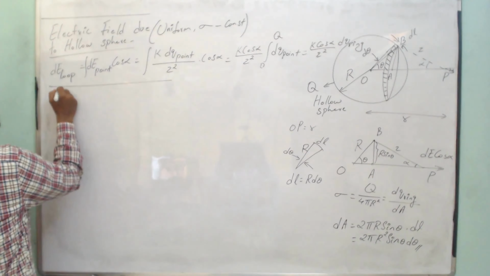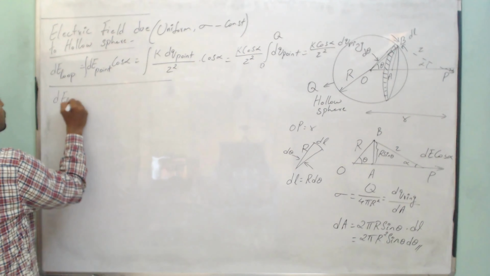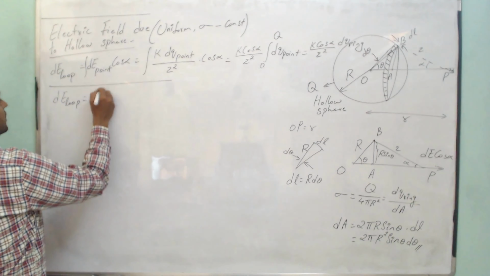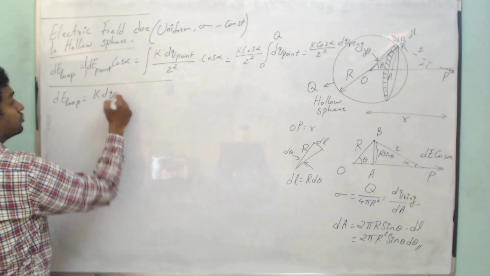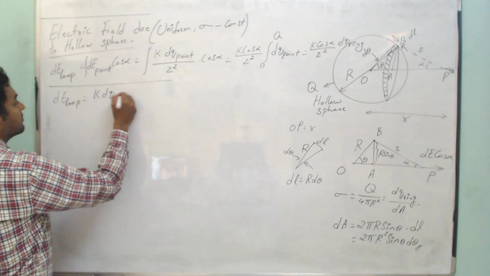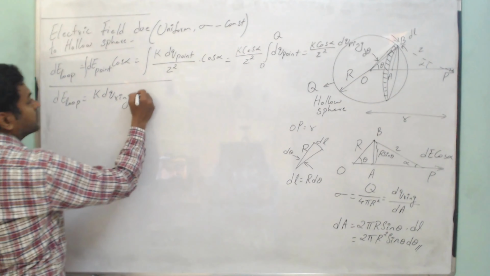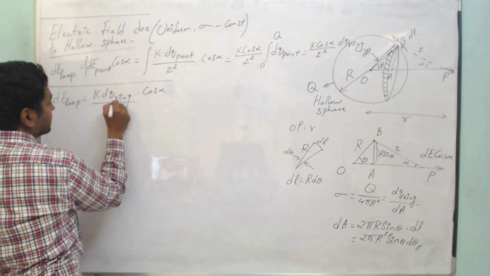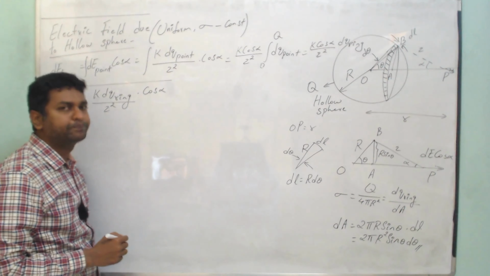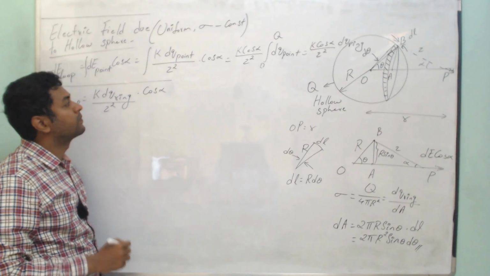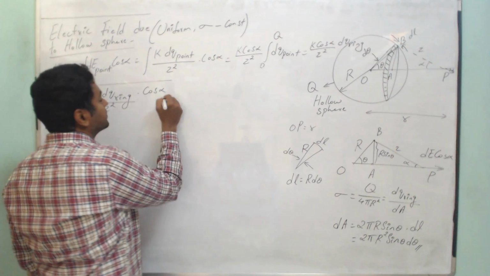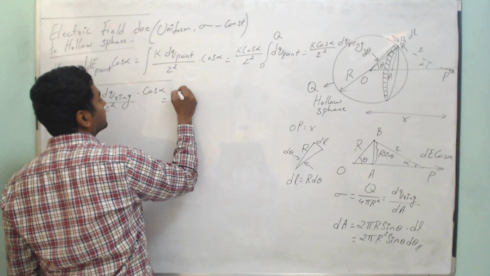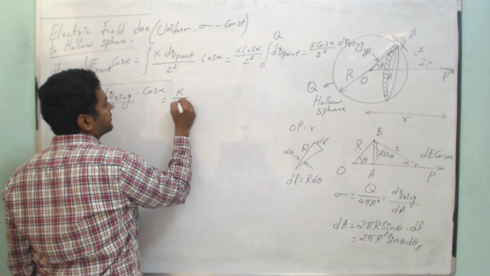So the dE due to the loop is equal to K dq due to the loop, loop or ring, whatever, into cos alpha divided by z square. Is this clear? So let me further substitute what is dq due to the ring. So k divided by z square.